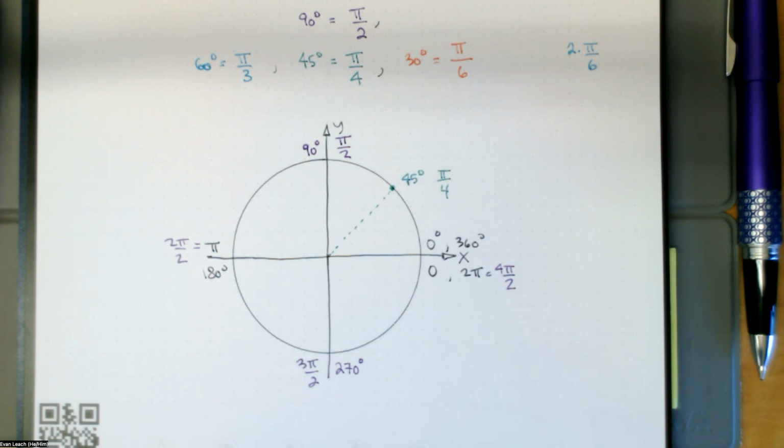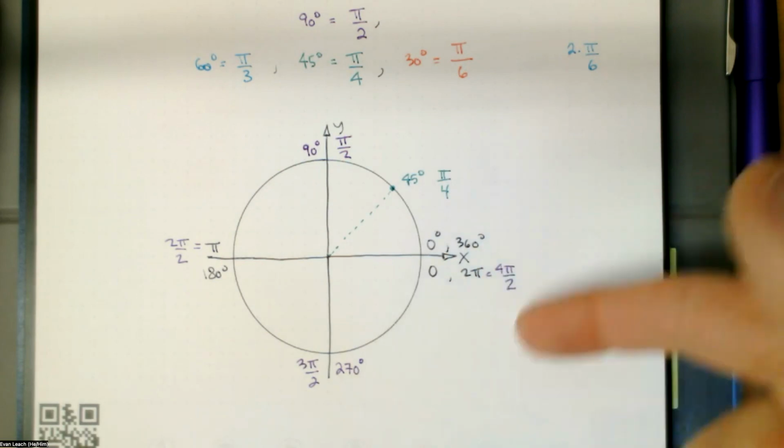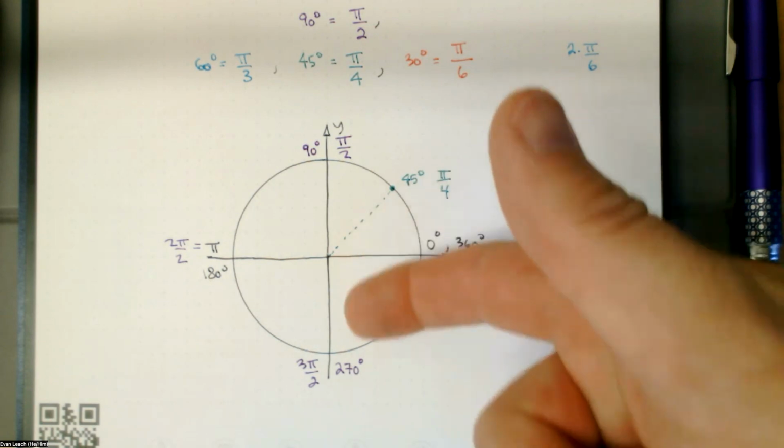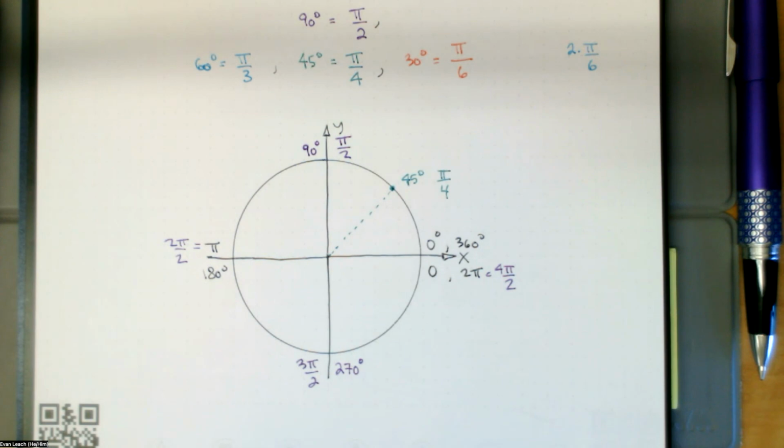I want to associate over 2 with 90s. 0, 90, 2 90s is 180, 3 90s is 270, 4 90s is 360. 1 pi over 2, 2 pi over 2, 3 pi over 2, 4 pi over 2. Count around pi over 2.